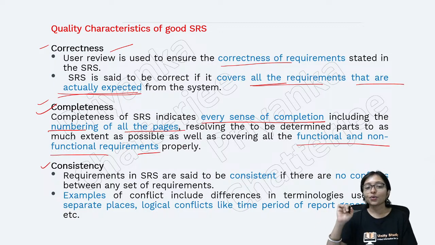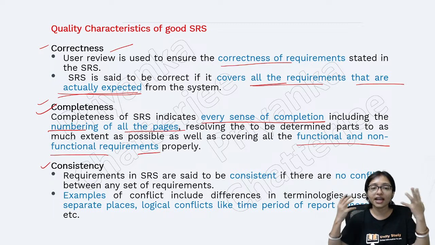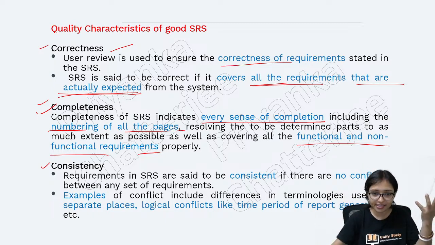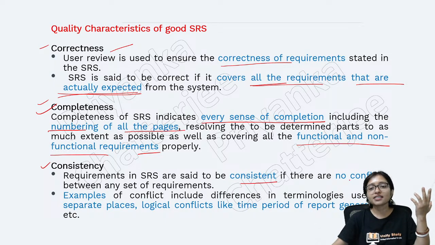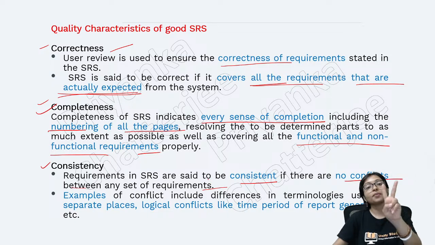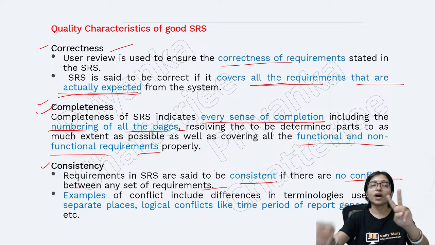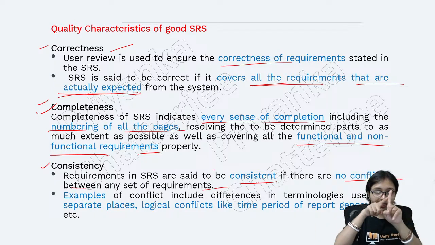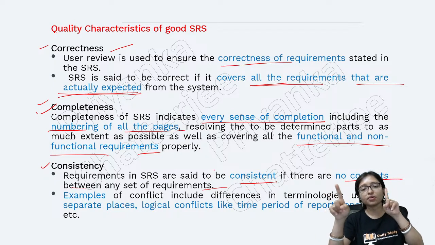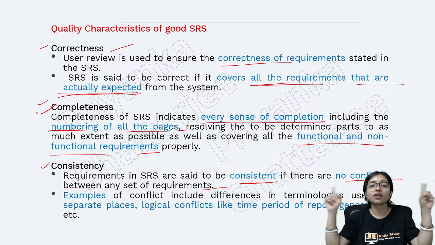What is consistency? You have to be consistent about your learning always. To be consistent, there should be no conflict between the requirements. You are doing something, now you are telling this one, and another time you are telling that one. That is called conflict.